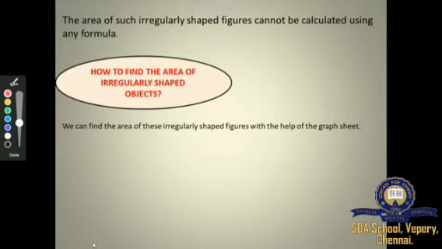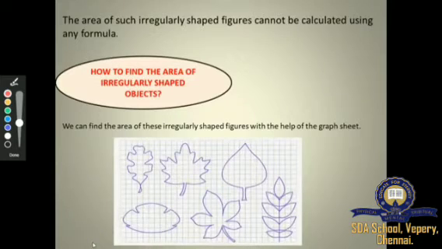Then you may think how to find the area of irregularly shaped objects. We can find the area of these figures with the help of the graph sheet. With the help of this graph sheet, we can trace the figures and find the areas.